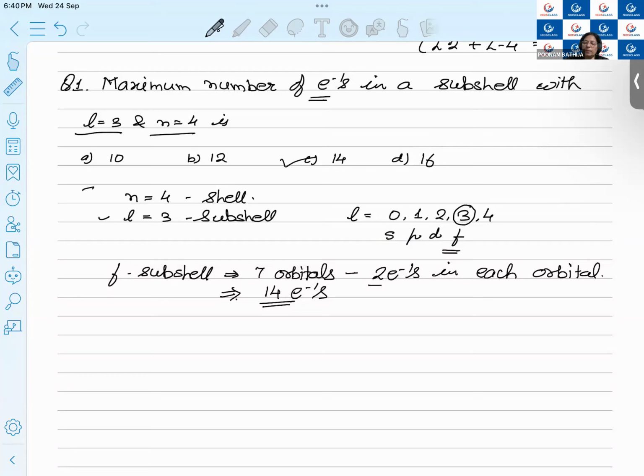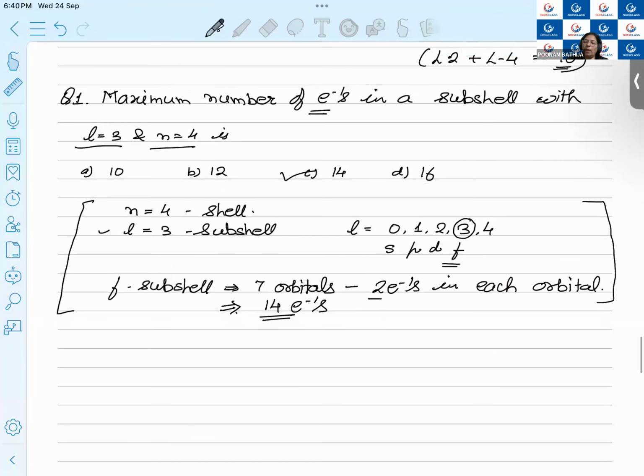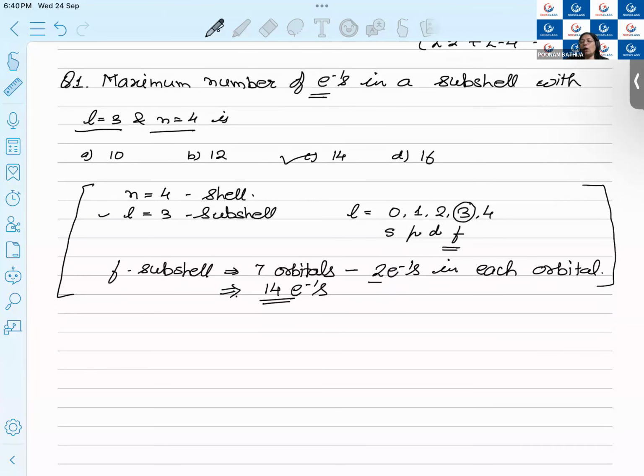Okay, this setup must be learned. In the question, they can change the value of L accordingly. You have to get your diagnosis. Okay, if L equals to 0, that indicates S subshell. L equals to 1, that indicates P subshell. For L equals to 2, it is D. And L equals to 3, it is F. Okay?